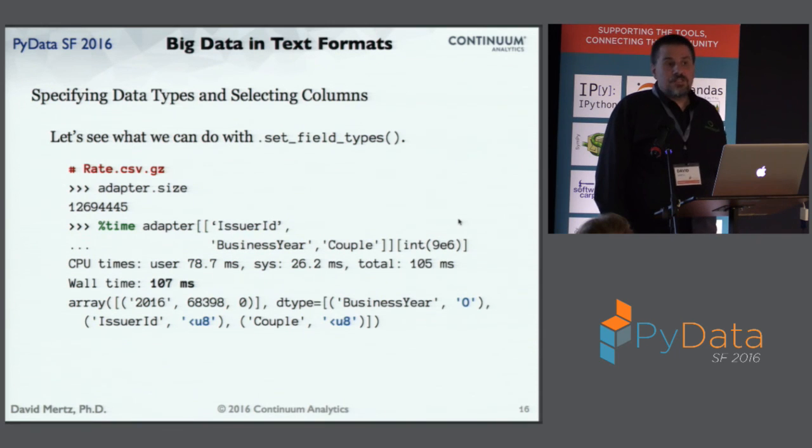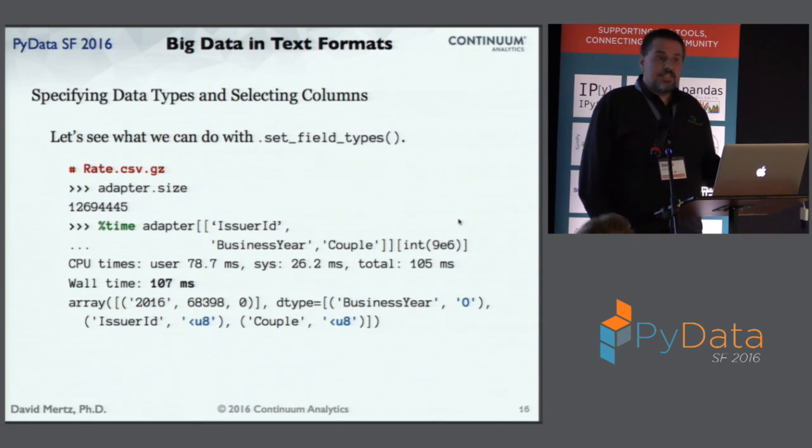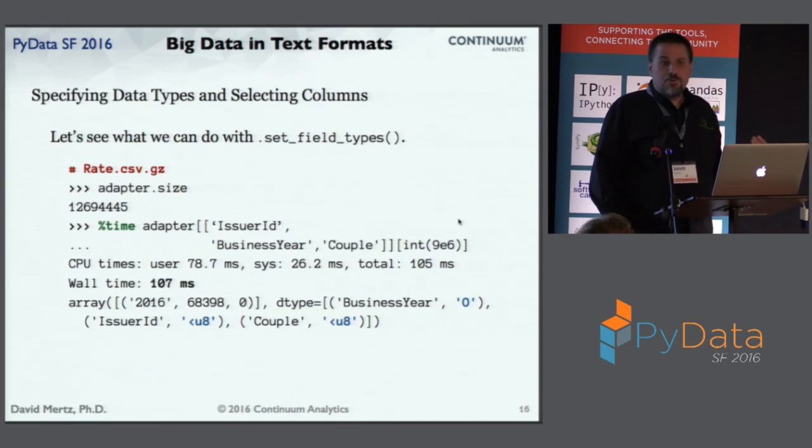And I'm only interested in those columns whose headers are these several things listed, issuer ID and business year and so on. The other one I think had 140 some columns, and this one I think just has 40 some columns. But in any case, this is the syntax that is familiar to people who have worked with pandas or Xarray or other things that are kind of familiar as a way of accessing data framey kind of things. So it has some familiarity in the interface.